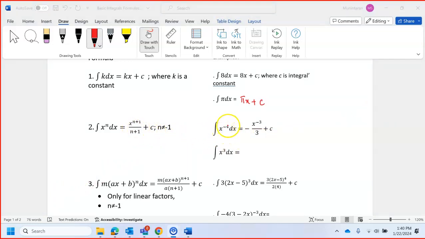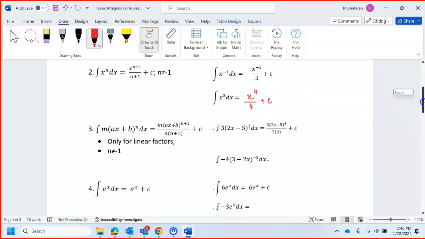Therefore, x power to the negative 4 plus 1, -3, divided by -3 plus c. X power to the 3 plus 1 divided by 3 plus 1 plus your c. Okay, these were done already.